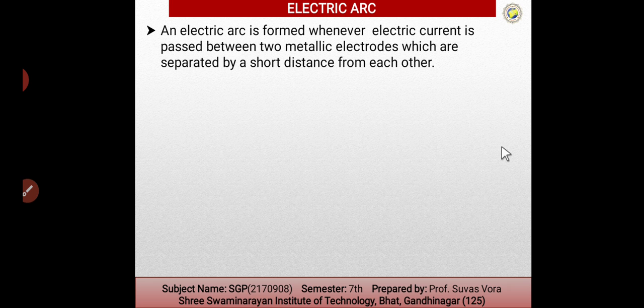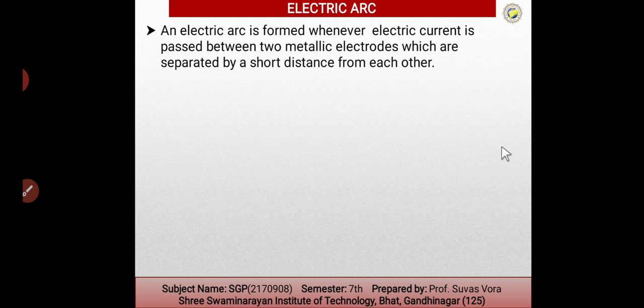So what is the electrical arc? The arc is produced when the current carrying conductors of the circuit breaker separate. On the occurrence of a short circuit, heavy current flows through the electrodes of the circuit breaker before they are opened by the protection system.